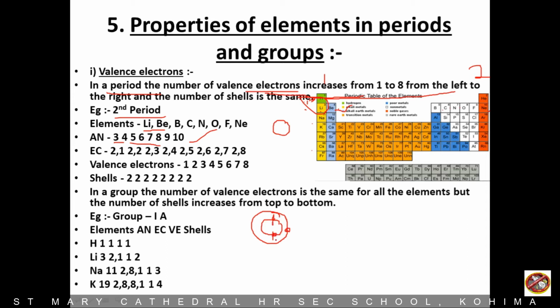If you still remember from your class 9, the formula for arranging electrons was 2, 8, 18, 32. In this manner you are supposed to arrange. The first shell can contain only 2, the second shell can contain 8, the third 18 and then 32. So in lithium, the first shell has 2 already, but we still have 1 over here. So 2, 1 is how you arrange it.